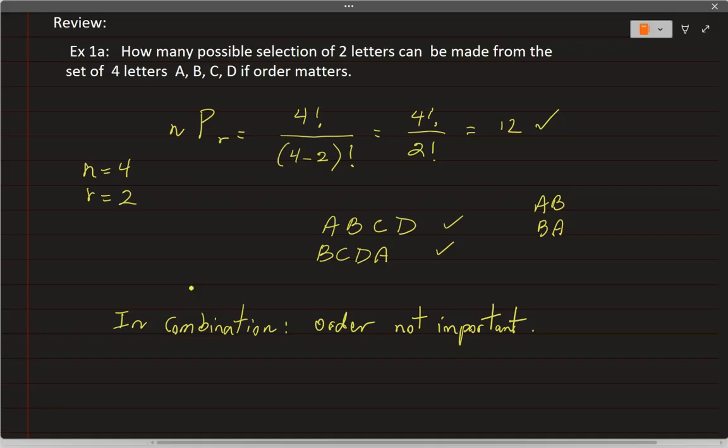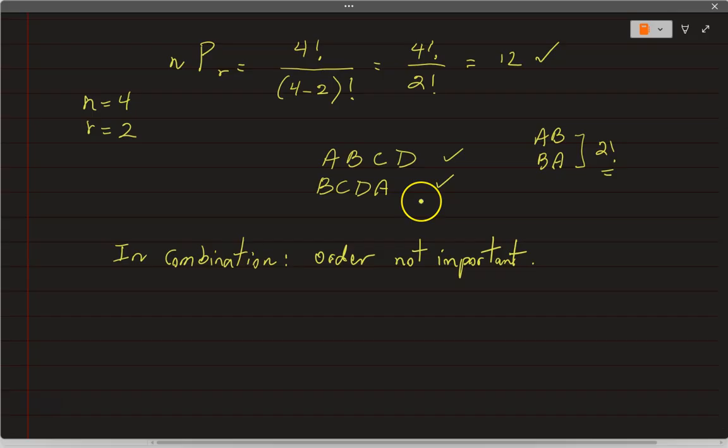So if that's the case, we have to get rid of 2 factorial ways out of the total number of permutations. So in terms of the combination, we'll get the nPr, which is the total permutation, and we have to divide it by r factorial. So in our example, 12 divided by 2 factorial will end up being 6.